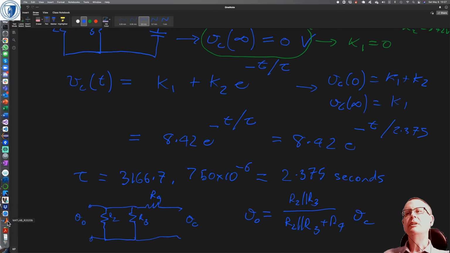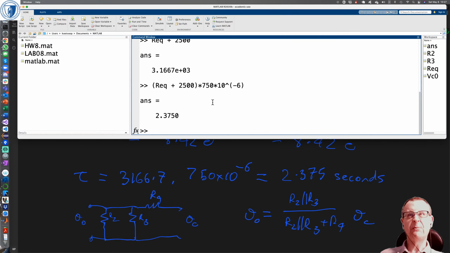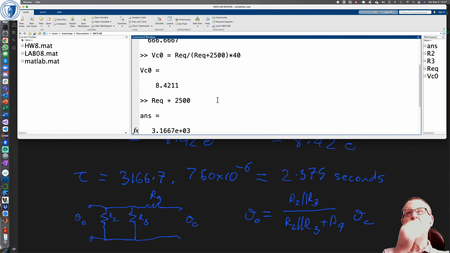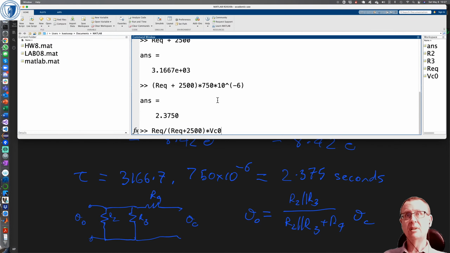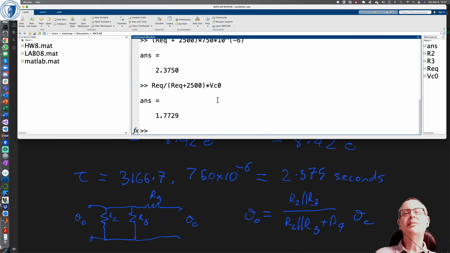So that's going to be R equivalent divided by R equivalent plus 2500, times, now what was our VC0? 1.7729.